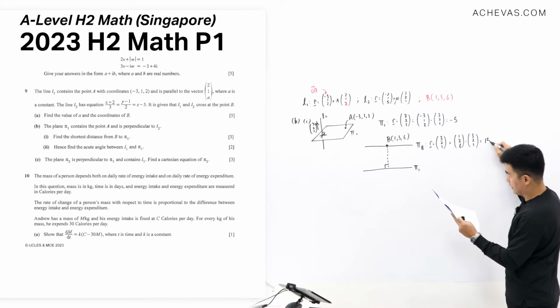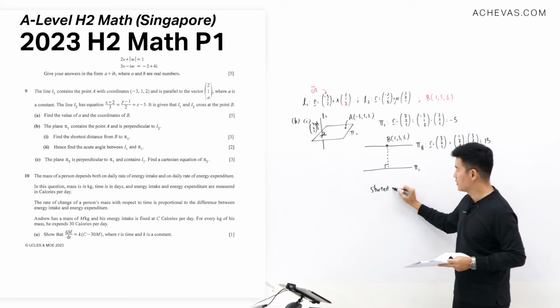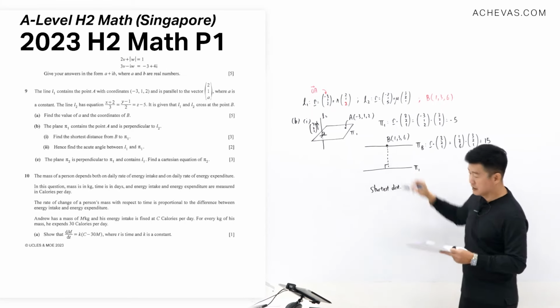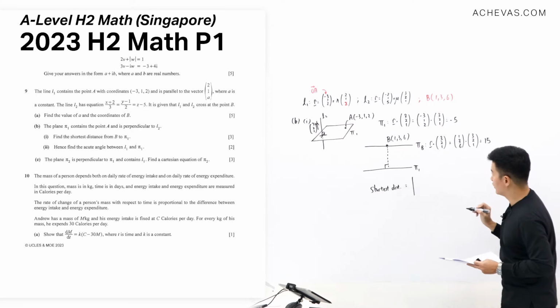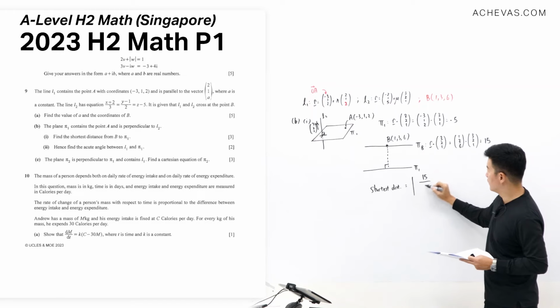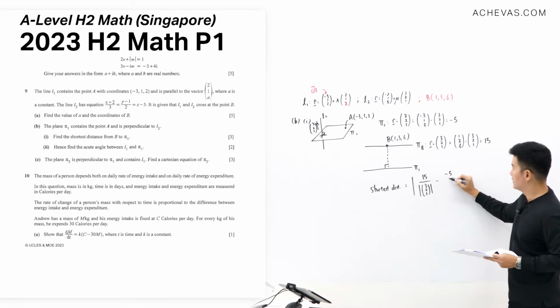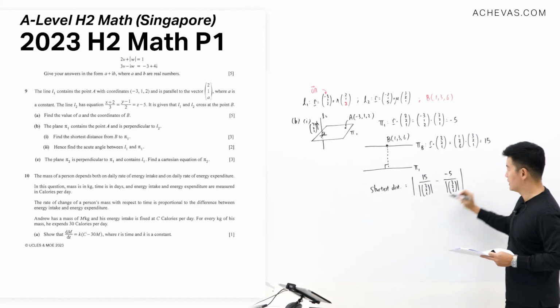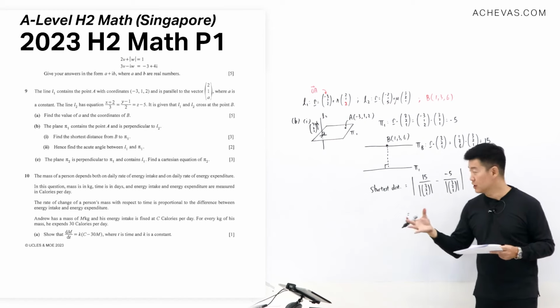is equal to 15. So the shortest possible distance required by the question, which is the distance between B and pi 1, can be calculated by going for the modulus of 15 minus the one for pi 1, which is -5, over the modulus of (3, 2, 1). This is in accordance with the same strategy and formula that we have on Achevas TV.